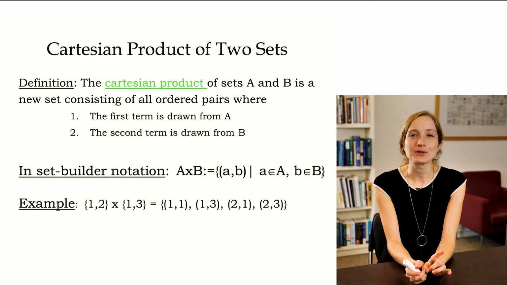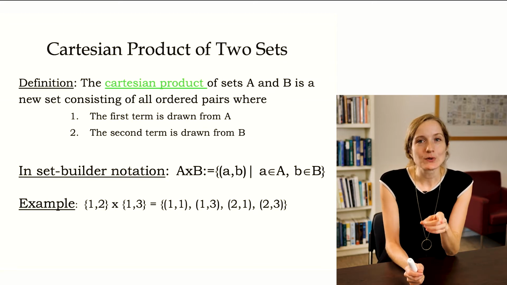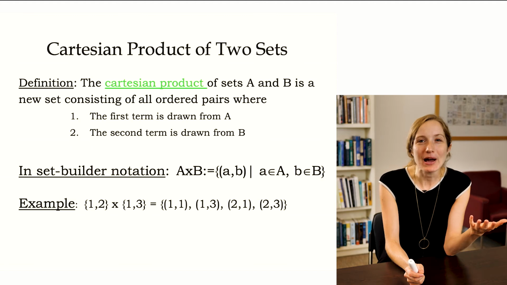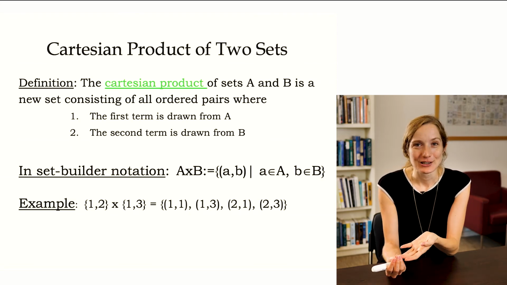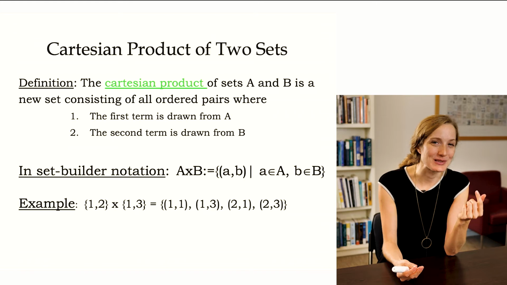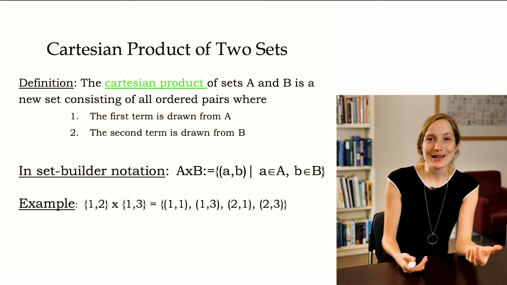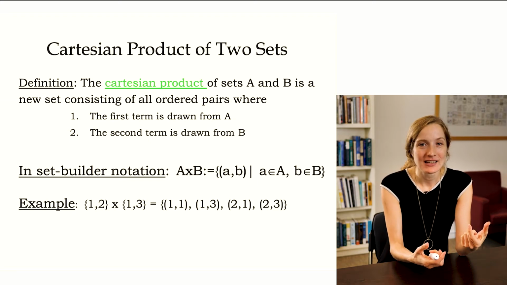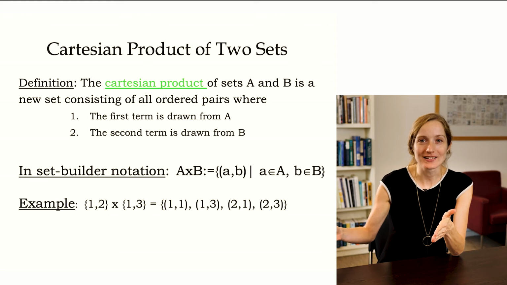Let me pause for one moment here and give you one useful clue. Remember we had some tricks when computing the power set: how many elements do you expect in the power set? Remember that's 2 to the number of elements of the original set. Now in this case, if I have a set of n elements and a set of m elements, how many different elements will be in the Cartesian product?